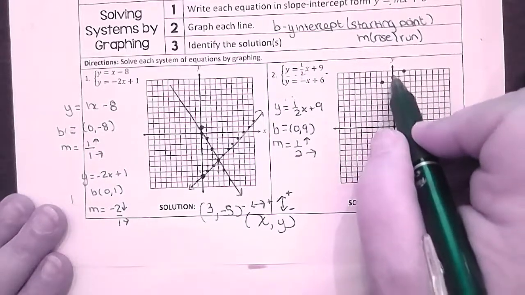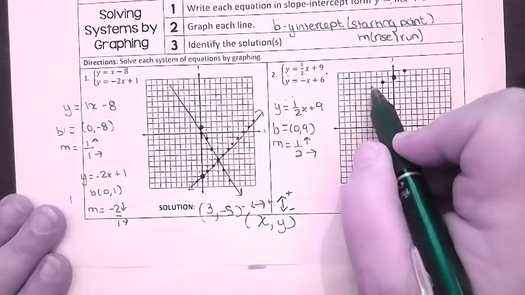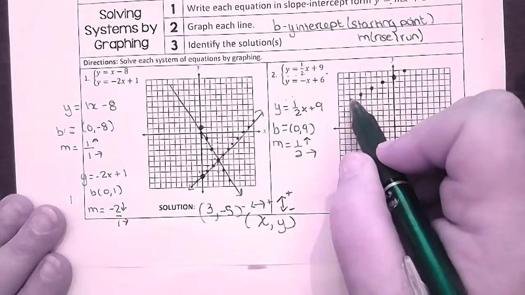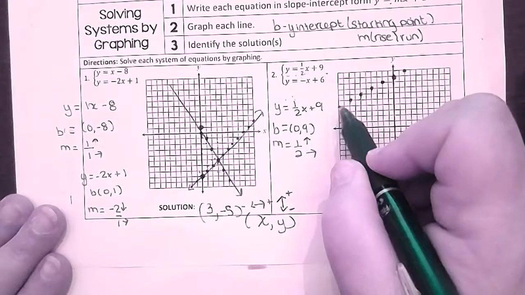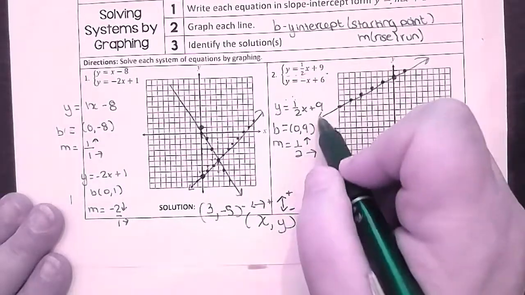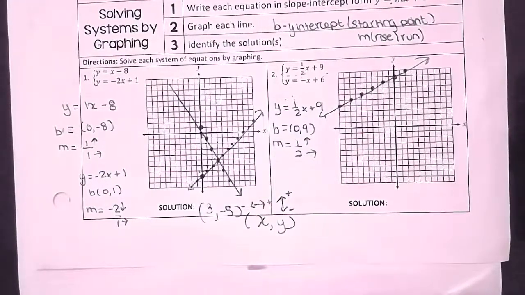Instead of going up, I go down, then down 1 to the left 2, and I continue that until I run off the graph, okay? I do that because I want to make sure that the graph is easily read and that I have the possible intersection point in there.